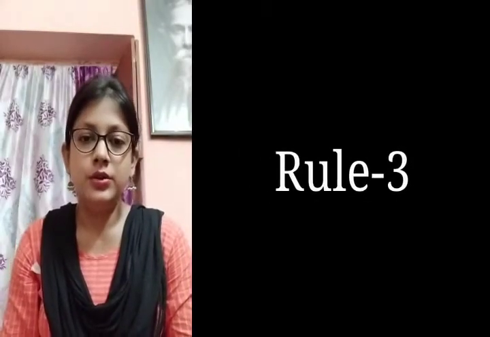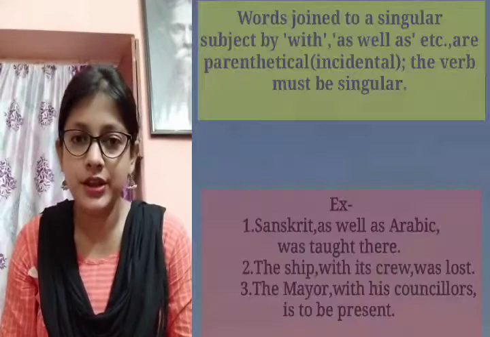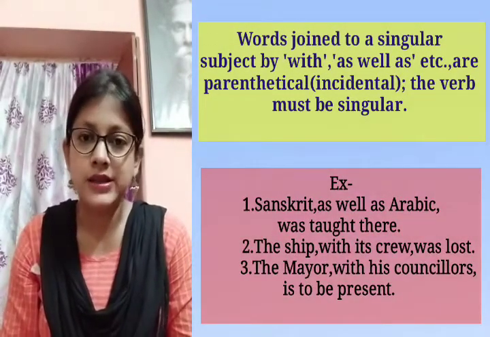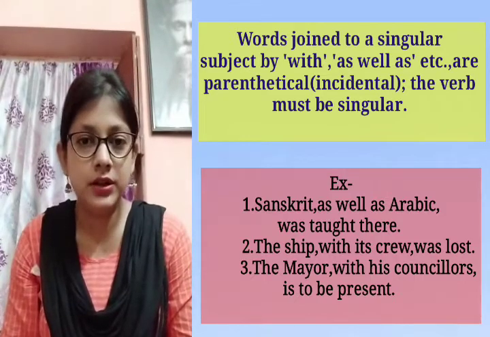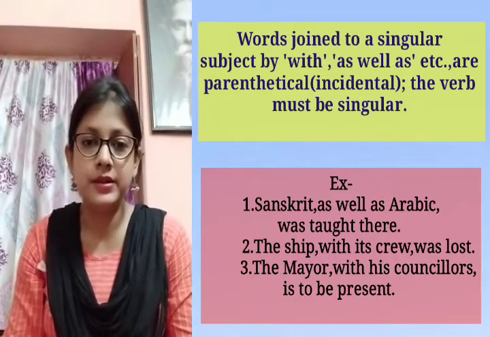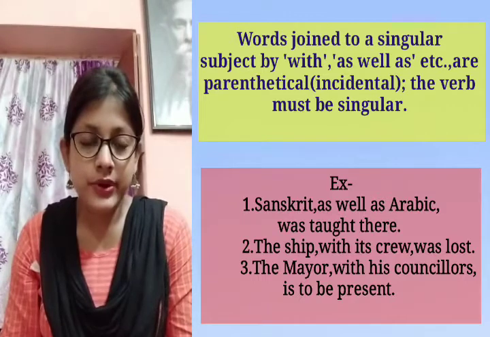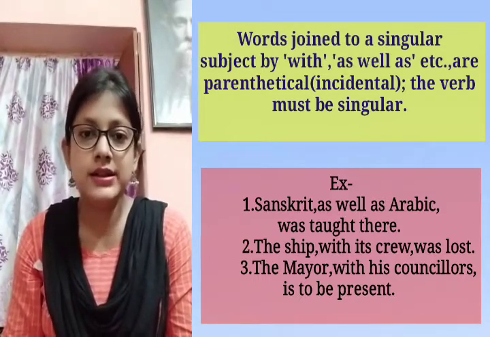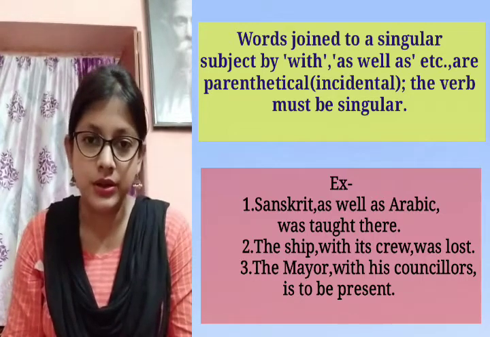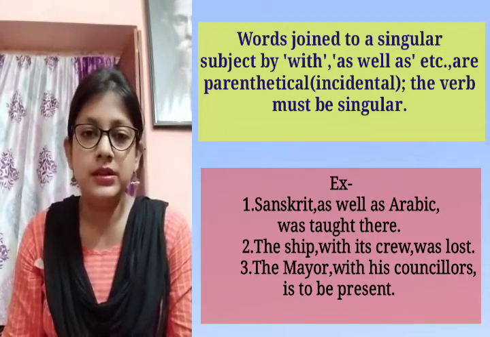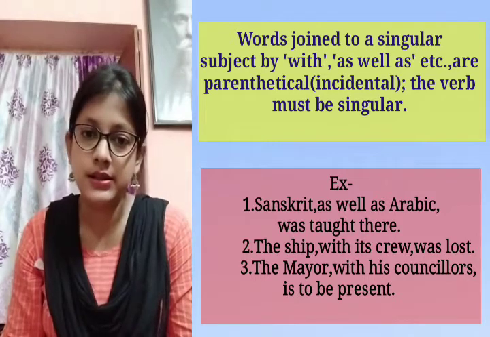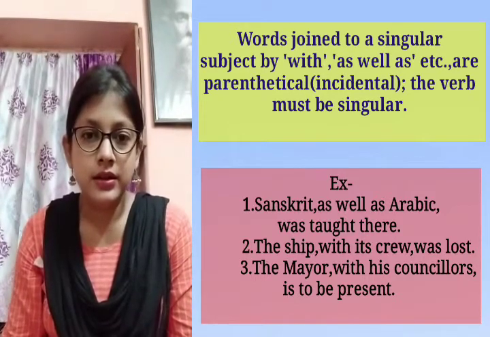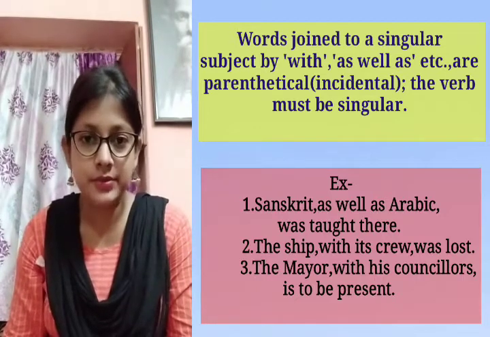Rule 3. When words are joined to a singular subject by with or as well as, then the verb must be singular. For example, Sanskrit as well as Arabic was taught there. Here Sanskrit and Arabic are both singular nouns, but the main subject is Sanskrit. So as well as Arabic is an extension of the subject.